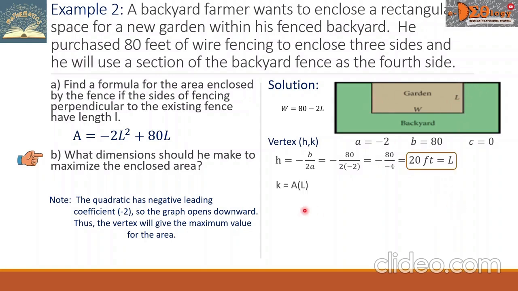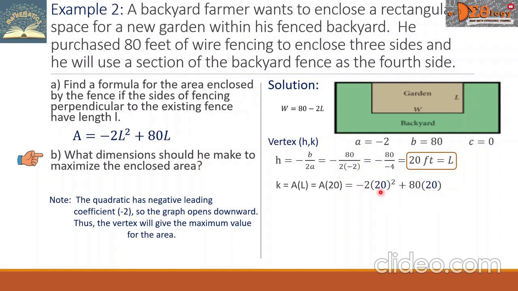Now, what about the K? The formula is the area formula with respect to L. Our L value is 20, so we have A of 20. We substitute this 20 to the L, so we have negative 2 times 20 squared plus 80 times 20.